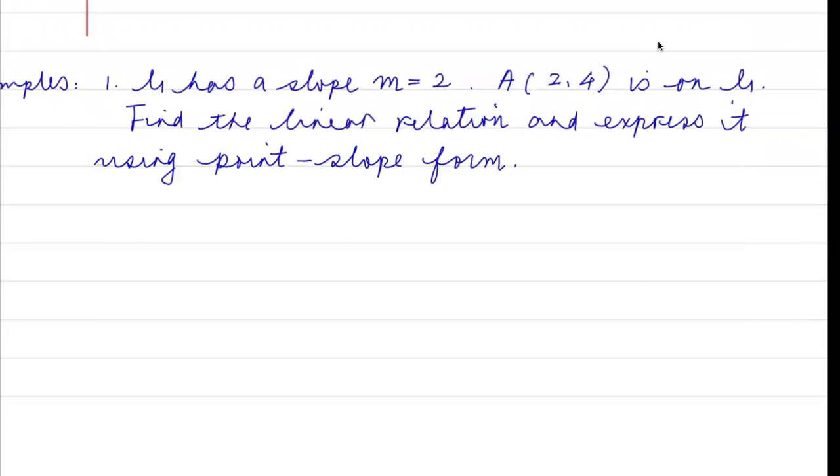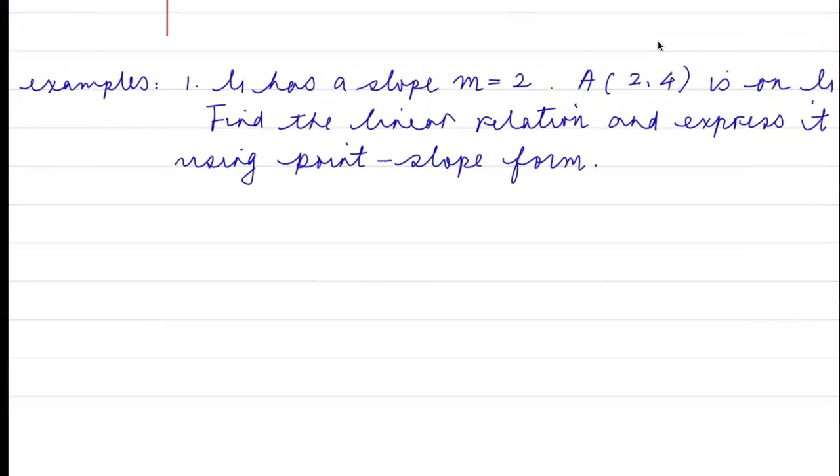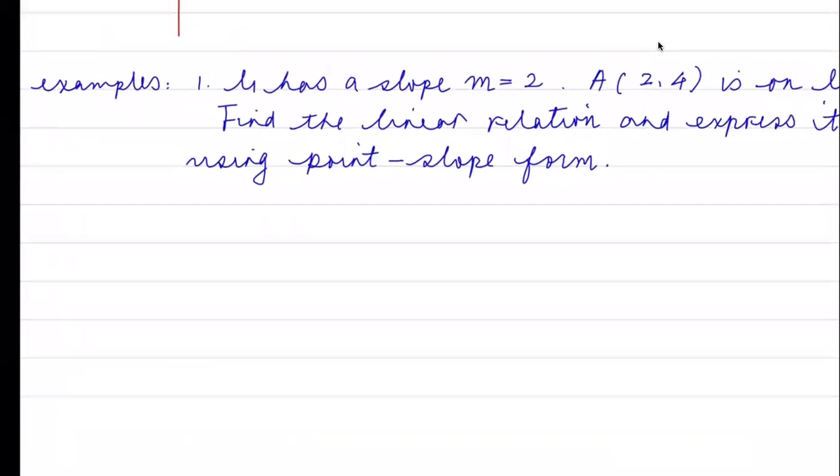So for the first example, in order to visualize this, I'm going to draw a graph. So now we have a straight line, right? The graph is just for understanding, so it might not be super accurate, doesn't matter. Let's call this L1.